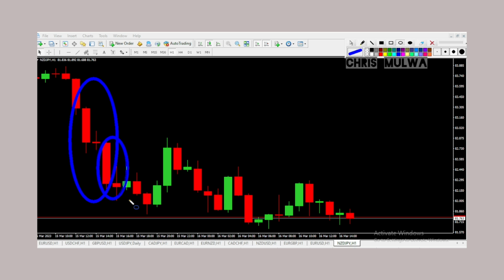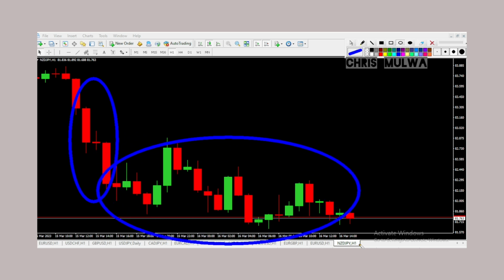So from here up to there is equivalent to day 1, 1 candlestick. Okay, that is day 1. 24 candlesticks.